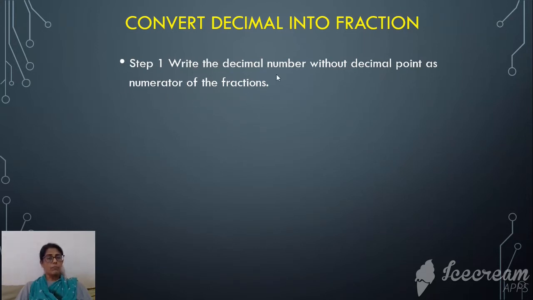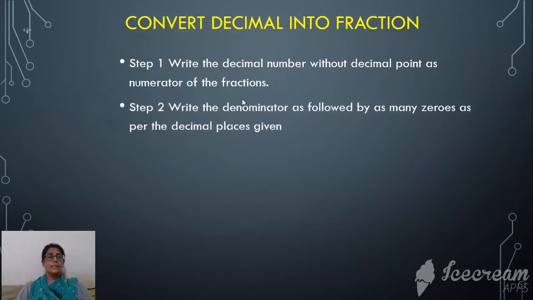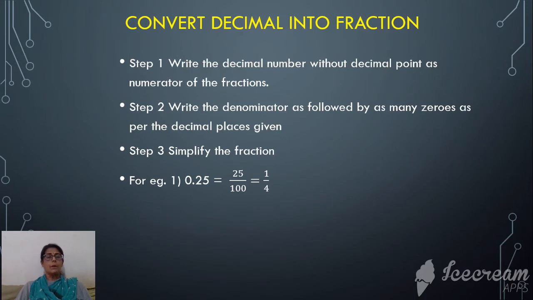Then the second step, write the denominator as 1 followed by as many zeros as the decimal places given. Then we have to simplify the fraction. Check with the example, right?